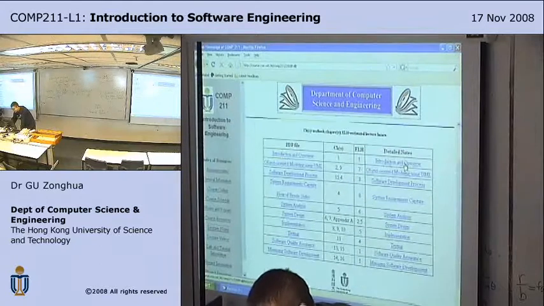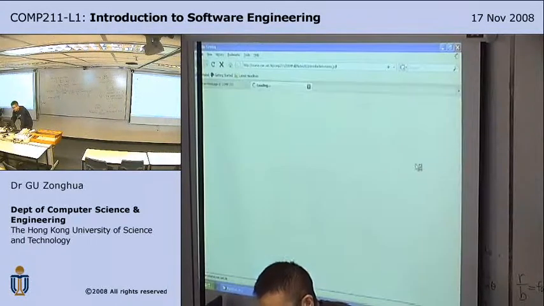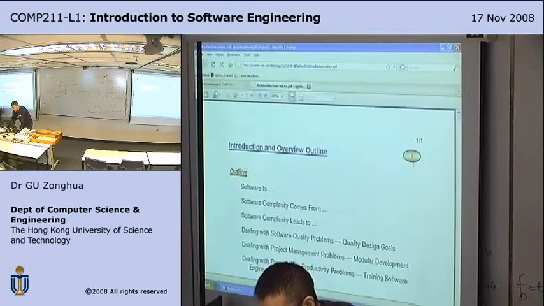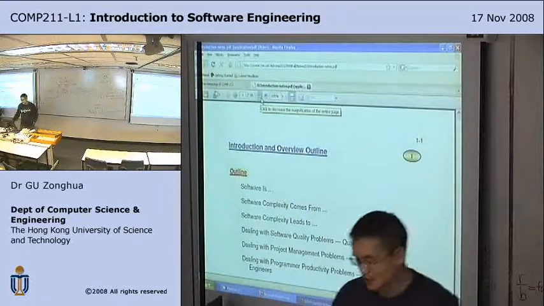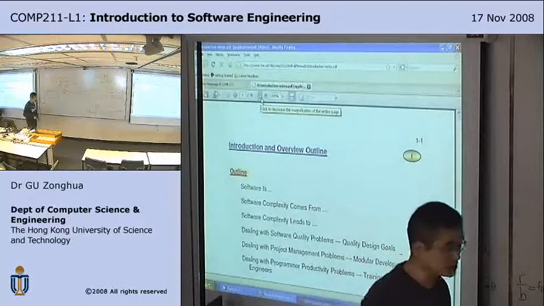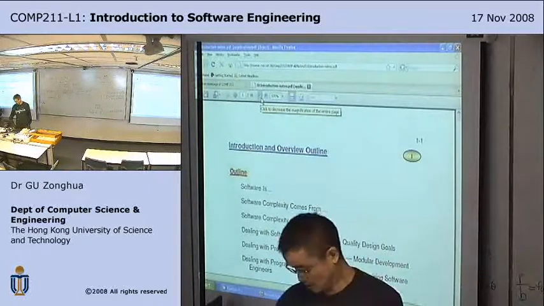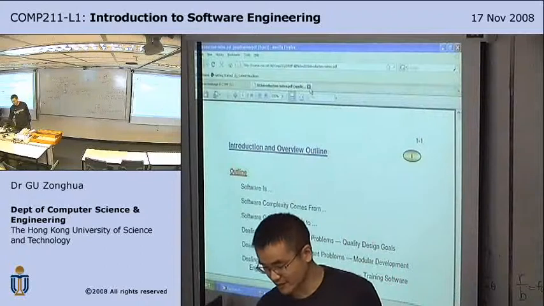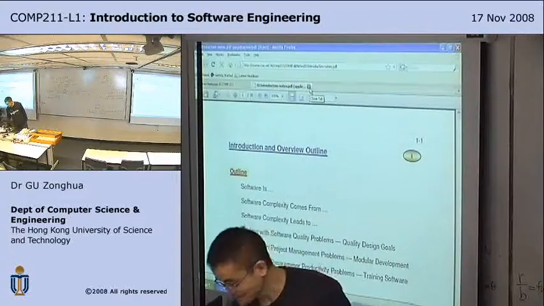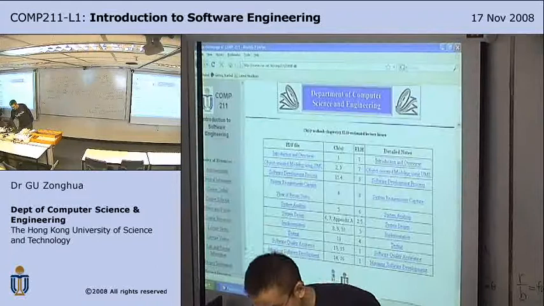So I added a column as detailed notes that contain essentially more information. You can use it for your review for the final exam, but keep in mind that only what I discussed in class will be covered in the final exam.